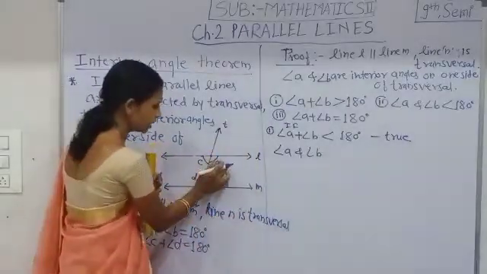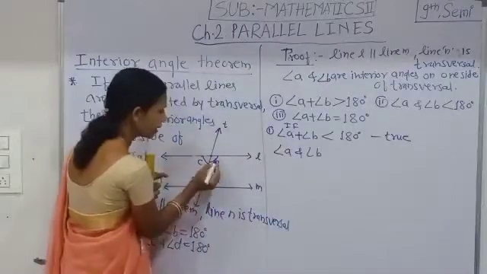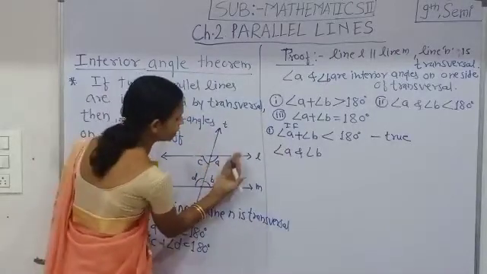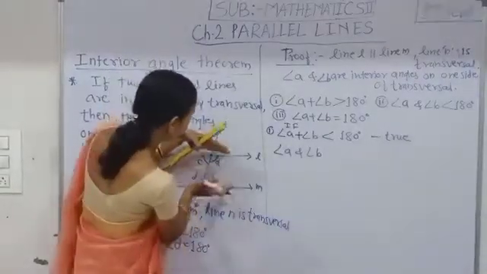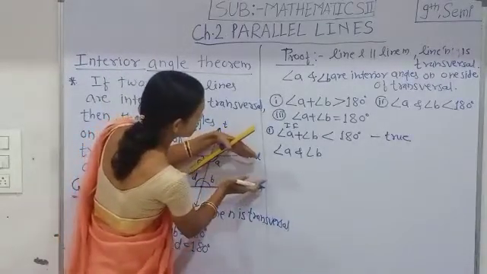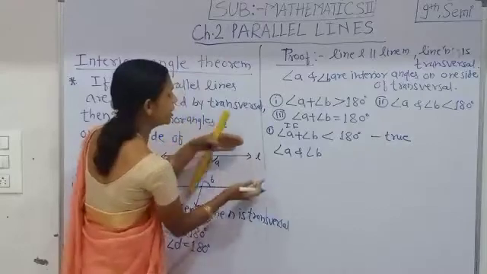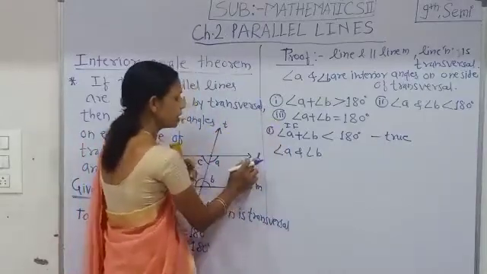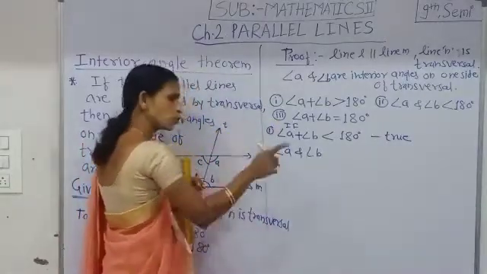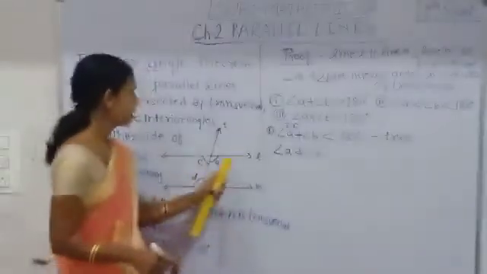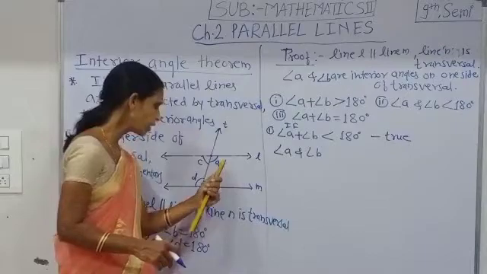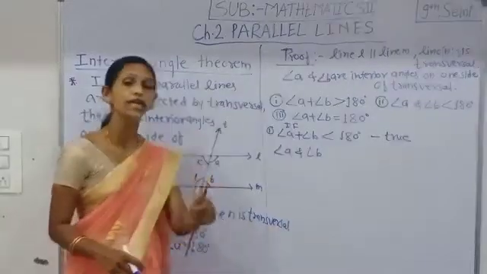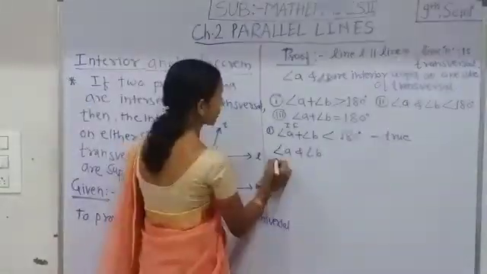That means if angle A and angle B are on the right hand side, then according to Euclid's postulate, if line L and line M are extended on the right hand side, they should intersect on the right side, since the sum of angle A and angle B is less than 180 degrees.